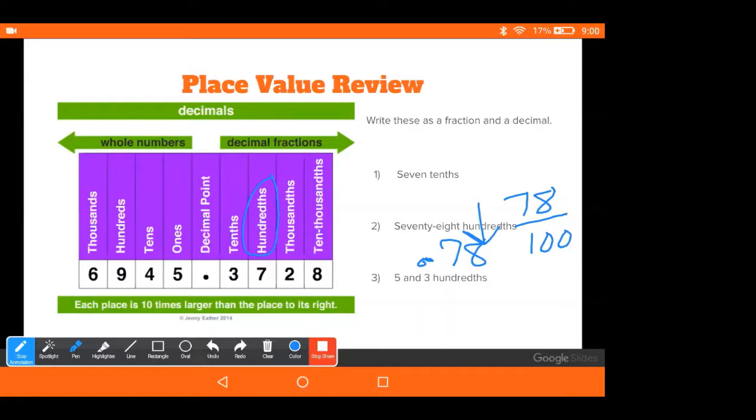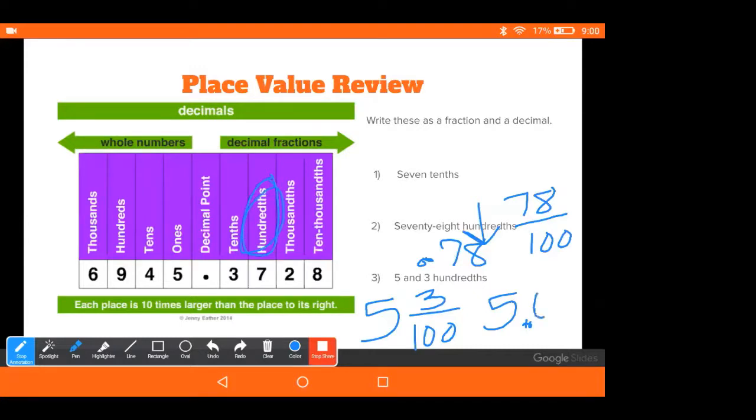5 and 3/100. So we just talked about mixed fractions. So 5 and 3/100. So I have 3 pieces out of 100, 3/100. But I could also write this as a decimal. So I would have 5, because that's my whole number. So the ones, tens, hundreds, thousands, those are my whole numbers. And then my fraction is 3/100. Well, 3/100 is the second place.